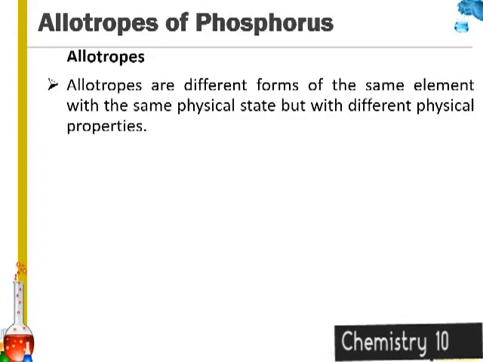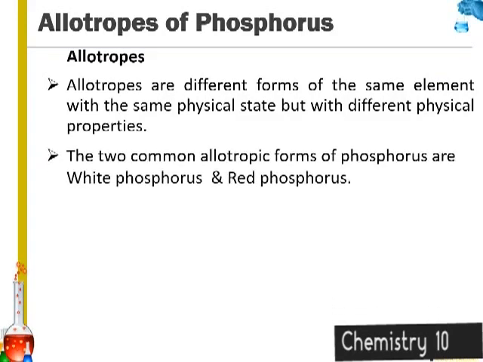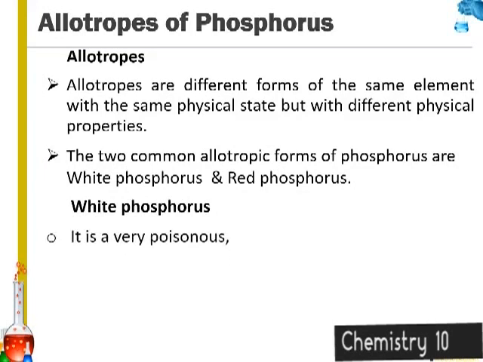One unique property of phosphorus is that it exists as allotropes. Allotropes are different forms of the same element with the same physical state, but with different physical properties. The two common allotropic forms of phosphorus are white phosphorus and red phosphorus. White phosphorus is very poisonous.